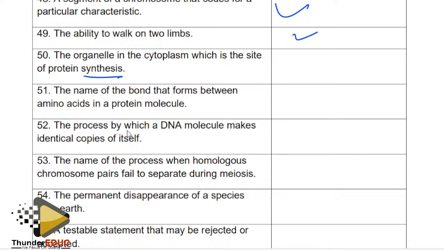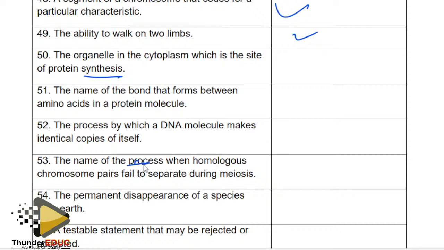The process by which a DNA molecule makes an identical copy of itself is DNA replication. Name the process where a homologous chromosome pair fails to separate during meiosis.